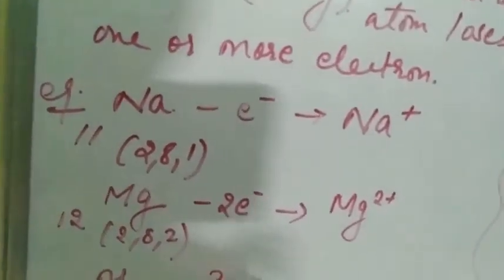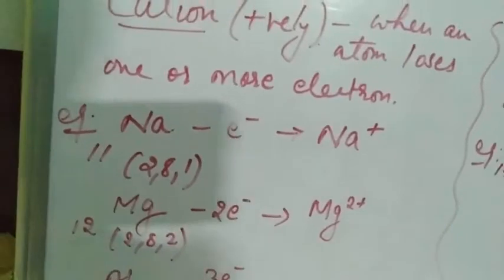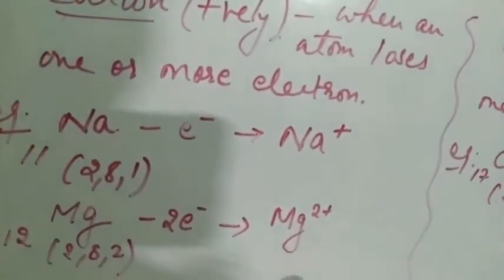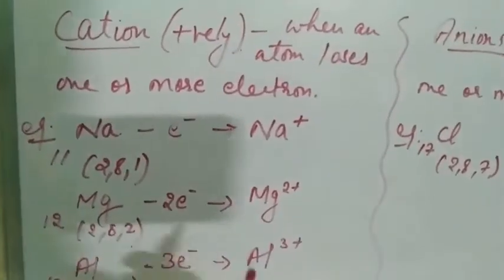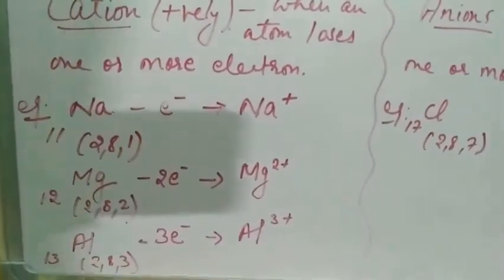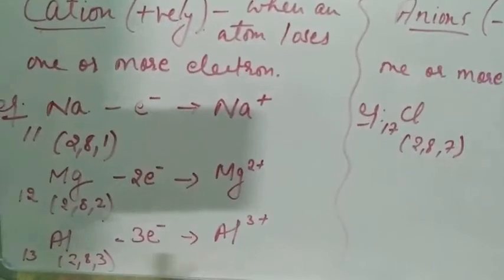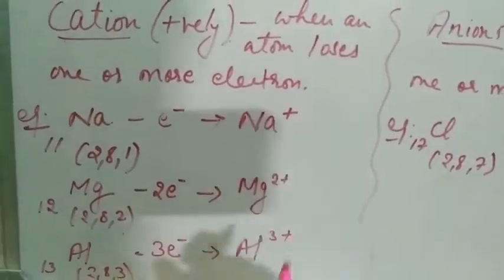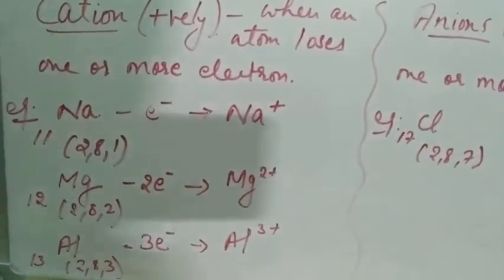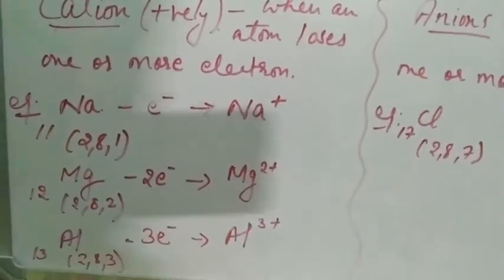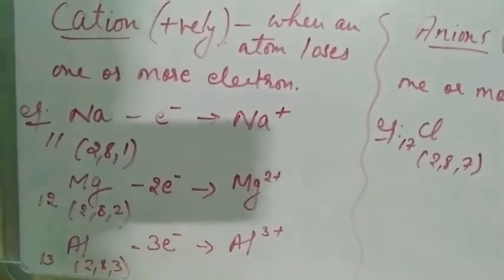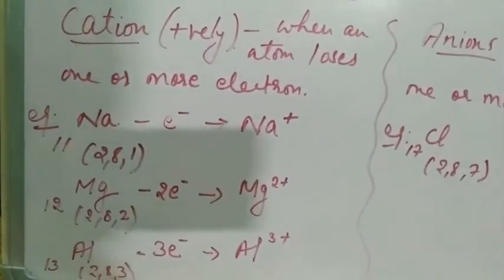So it can lose 3 electrons, so it can form aluminium 3 plus. So you see here, sodium has 1 electron in the outermost shell, so it can lose 1 electron and it forms 1 positive charge. Magnesium loses 2 electrons to gain stability and it forms Mg2 plus. And then aluminium can lose 3 electrons to form Al3 plus.